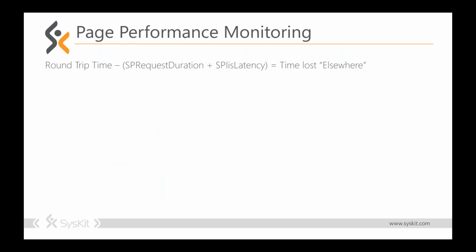So when we take some of these numbers and start to put them together, we can start to infer, or at least try to diagnose from the client side, where we're running into problems. If I take a look at that network trace and take the round trip time as reported by my browser, and I subtract from that the sum of the SP request duration and the SPIIS latency, that gives me a useful number. When you add the request duration and the IIS latency together, you've got the amount of time that the request more or less spends sitting on the server, whether it's being processed or waited on.